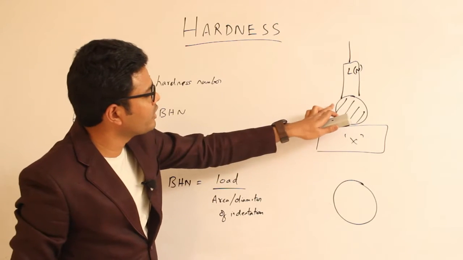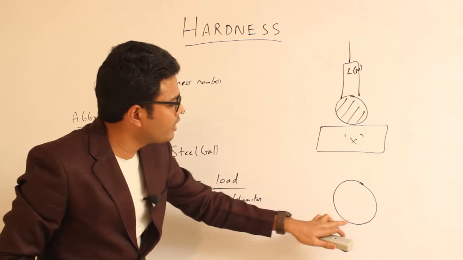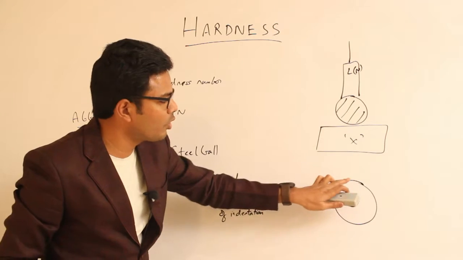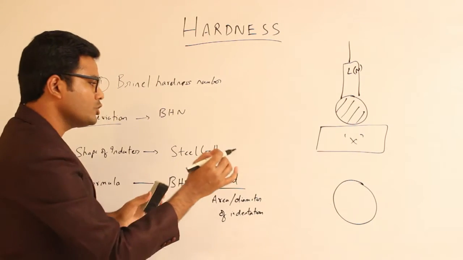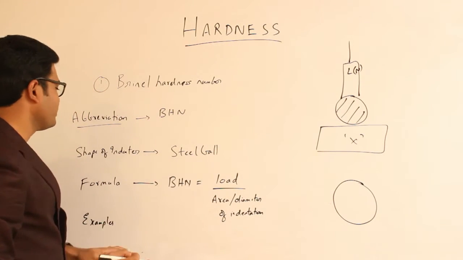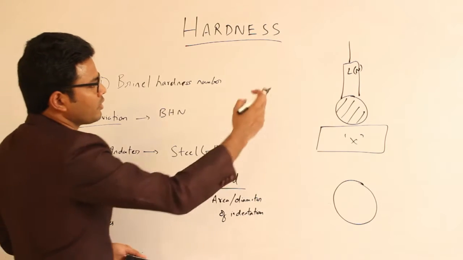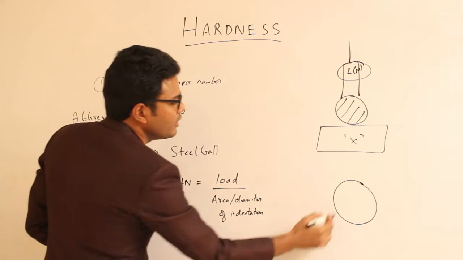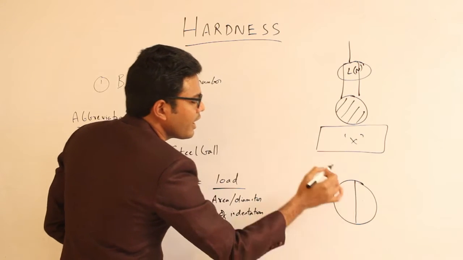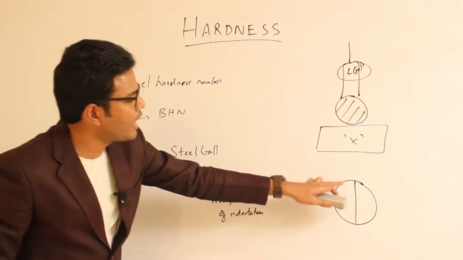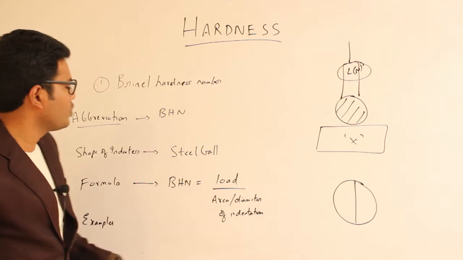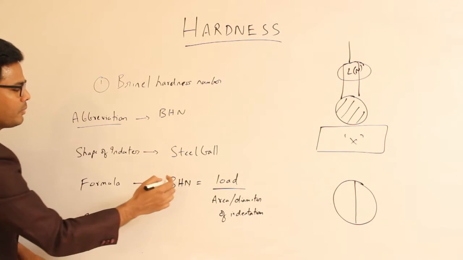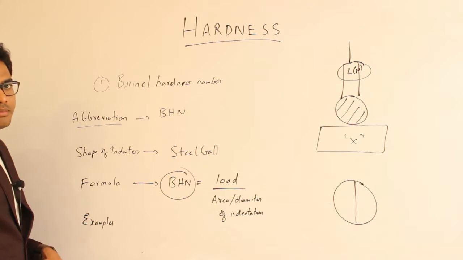Since the shape of the ball is round, the indentation area will also be round. So in order to calculate the Brinell hardness number, we use the following formula: load which we are placing divided by the diameter of this indented area. We'll calculate the diameter and enter it here. Through this process we obtain Brinell hardness number.